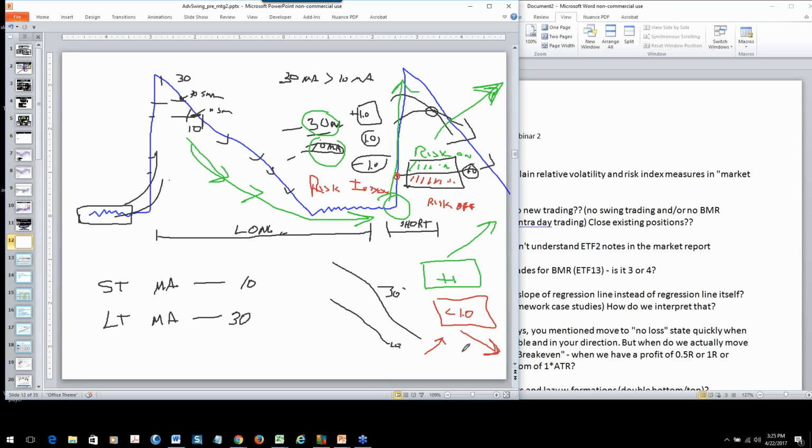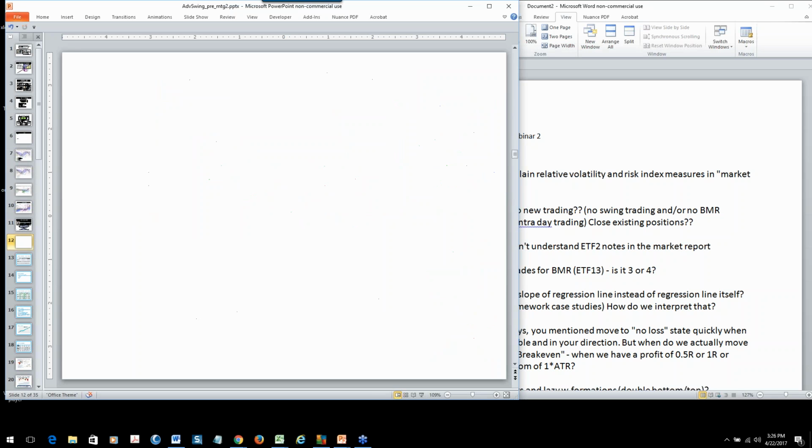Or I will look to take swing positions in the risk off assets like utilities or pharmaceuticals or treasuries or bonds. Or I might take fewer positions. So that in general is the strategy for how I use the risk index. Now I go a little bit further.